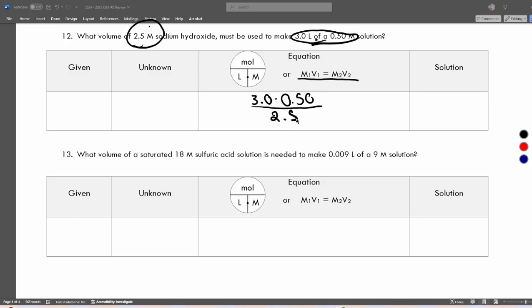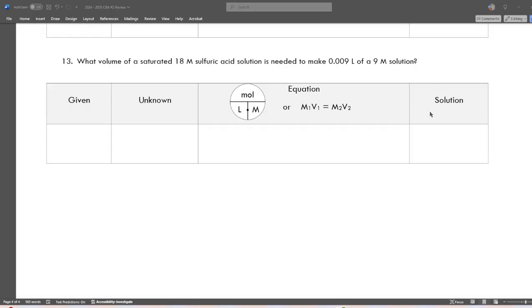All right. Next one. Last one. Make sure you put the answer. You need to get your full credit. It says, what volume of a saturated 18 molar sulfuric acid solution is needed to make 0.009 liters of a 9 molar solution? Okay. Well, this one again has 3 numbers, and these two very clearly go together.